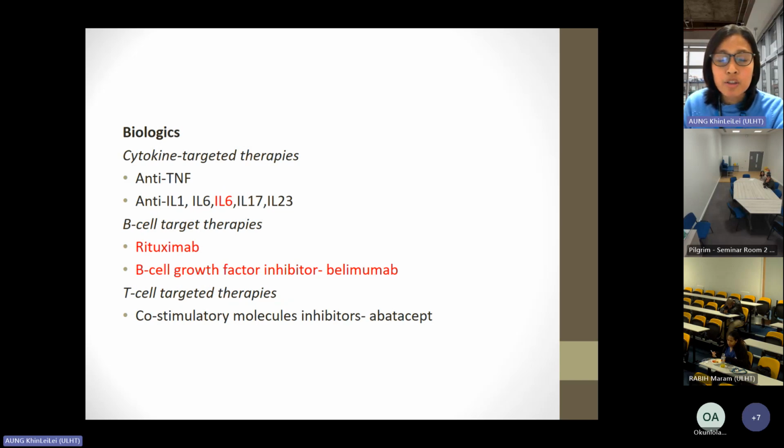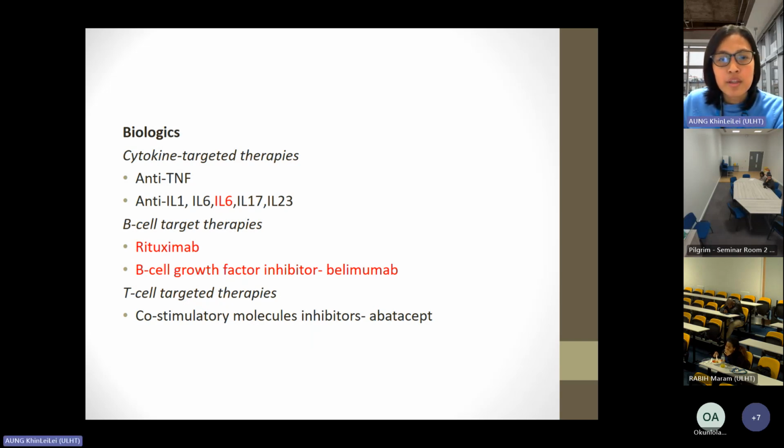In terms of biologics, we have cytokine directed therapy, B cell directed therapy, T cell targeted therapy. The major biologic we use for connective tissue disease is rituximab. In SLE, we can use the B-cell growth factor inhibitor, belimumab, but I think rituximab is the most commonly used biologic in patients with connective tissue diseases.